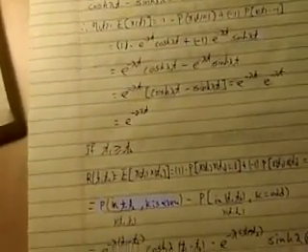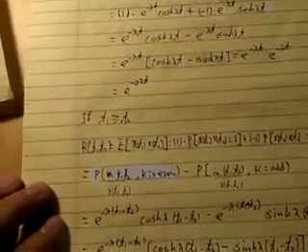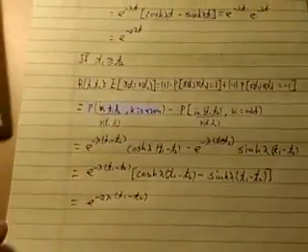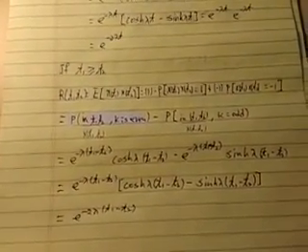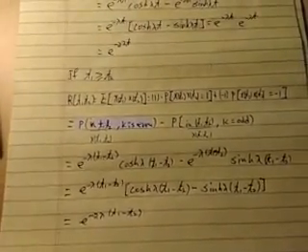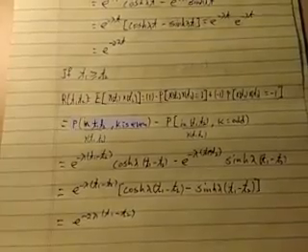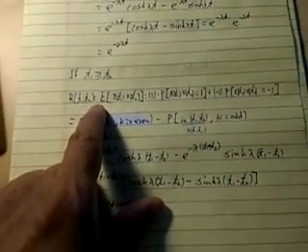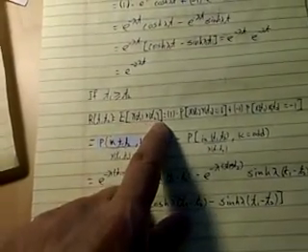Okay, now we are going to talk about the autocorrelation. In the autocorrelation, there are two scenarios. One is T1 greater than T2. The other one is T2 greater than T1. So let's start with T1 greater than or equal to T2. The autocorrelation value is the expected value of x of T1 multiplied by x of T2.